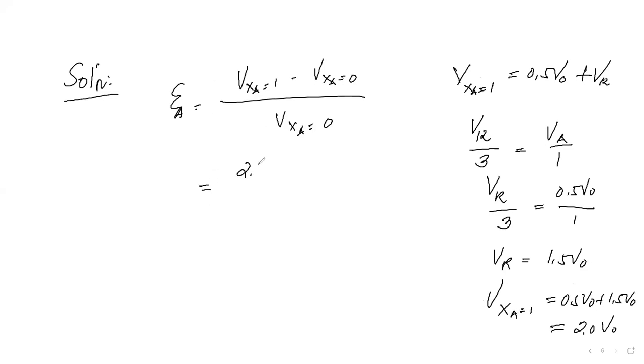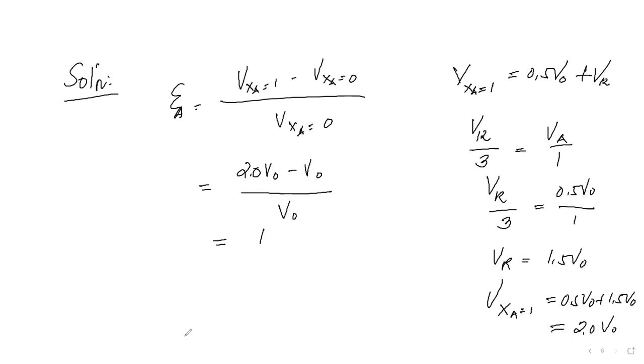So you have 2.0 V sub O minus V sub O over V sub O. V sub O over V sub O would be 1. So that's your epsilon A, which is 1. If you ignored it, it would really matter in your answer, because your epsilon A in this case is not 0, but 1.